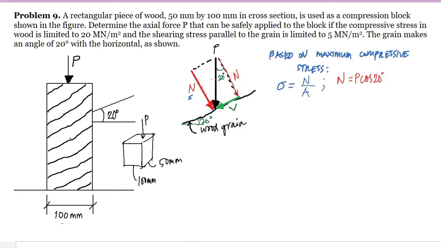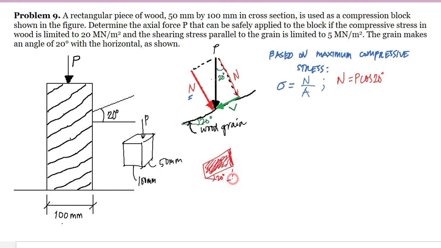Now for the area normal to the force, so ganito yung magiging scenario. We would have, this is 20 degrees here, and itong area na to, ito yung area na i-consider natin, yung naka-inclined.